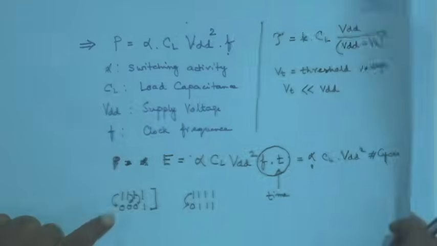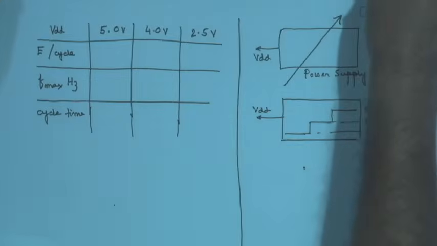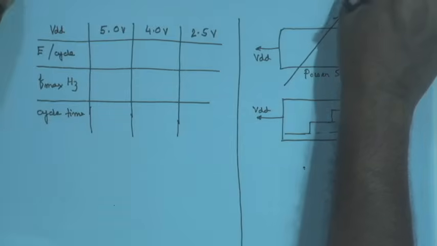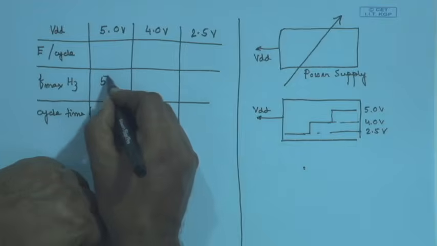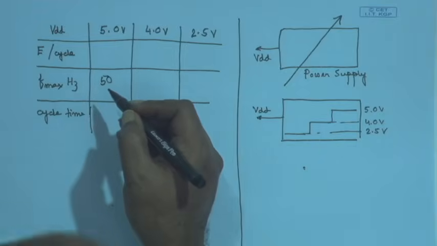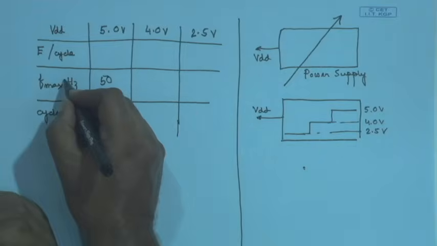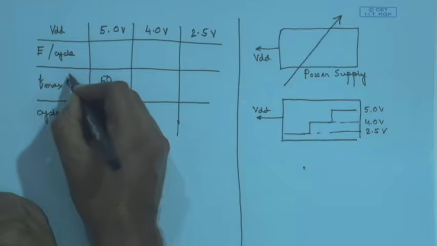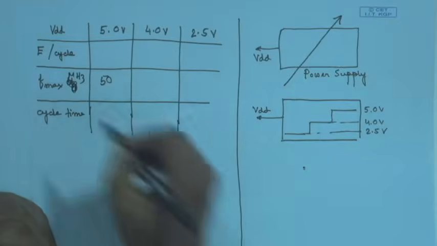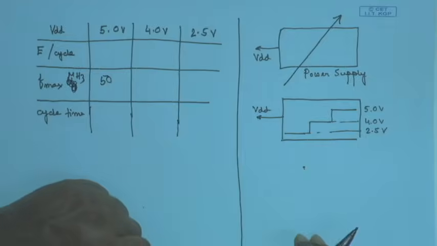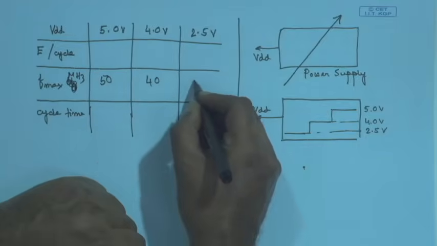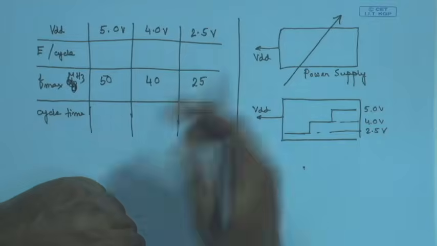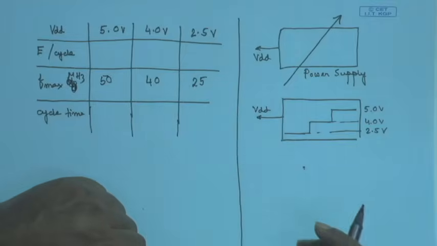The frequencies in megahertz can be 50, 40 and 25 megahertz. By the characteristics I found that these are the values.